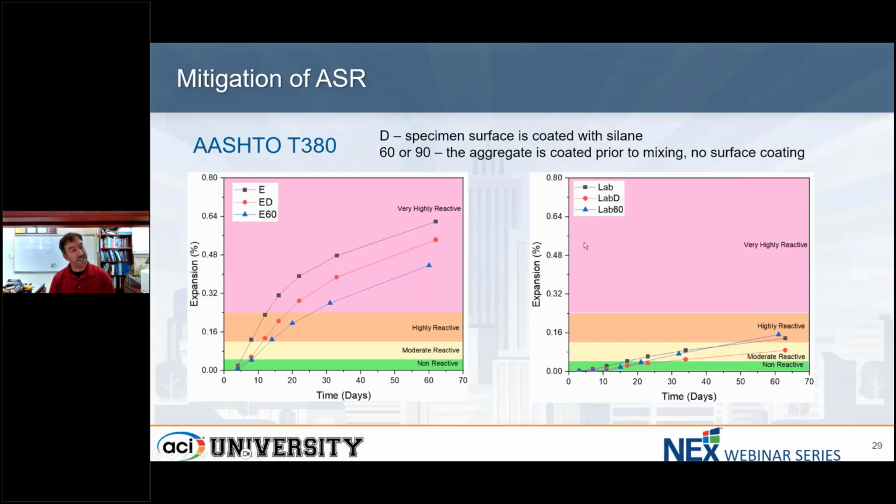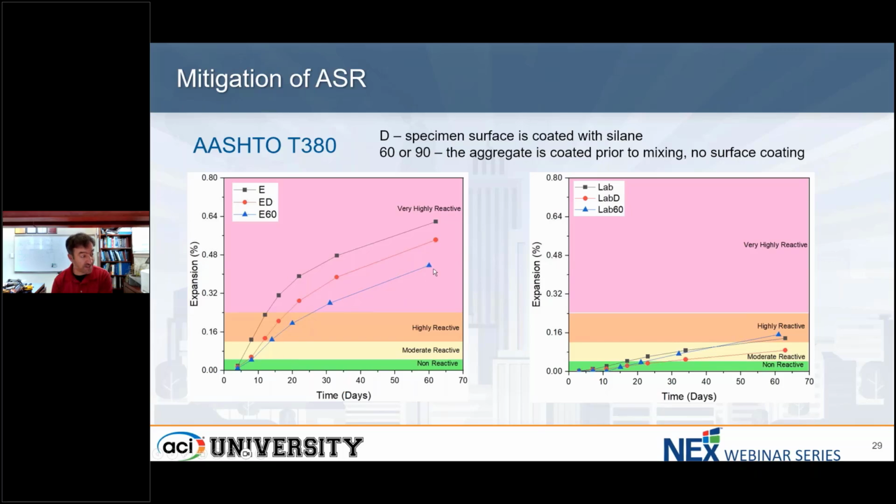And the results here, we see kind of that same trend where if we do nothing, our Job sand is very highly reactive. I forgot AASHTO adds a 4th category. Surface coating it is okay, that has some effect, but coating the aggregates is a significant effect on the expansion behavior of the specimens. Now, it still has not made this particular source of aggregate usable.